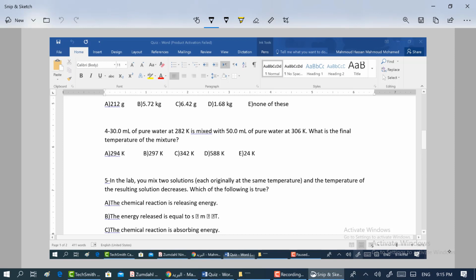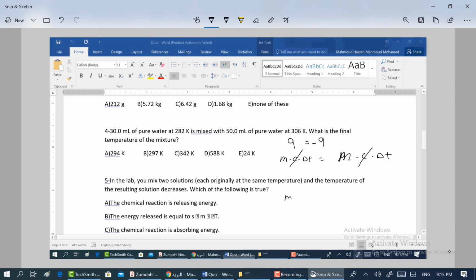So the quantity of heat before mixing equal the quantity of heat after mixing by negative sign. So MC delta T equal MC delta T. Since we are going to talk about water, the specific heat is the same.